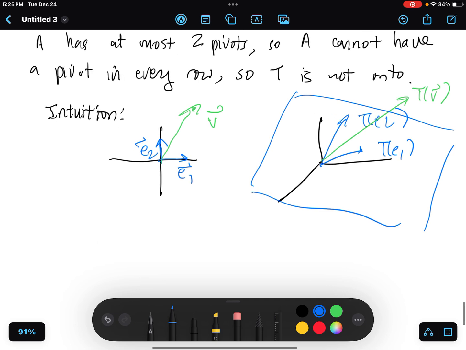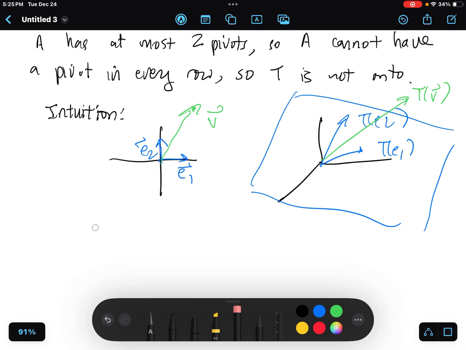So T will not be onto. How do I put this in a precise way?